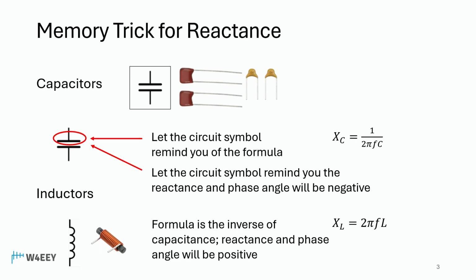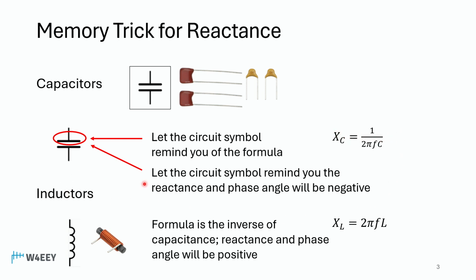So we'll start right off with this slide, memory trick for reactance. I think we've mentioned this before, but if you look at a capacitor, the circuit symbol reminds you of the formula, X sub C equals 1 over 2 pi f C. Here's the line, that's half the capacitor.